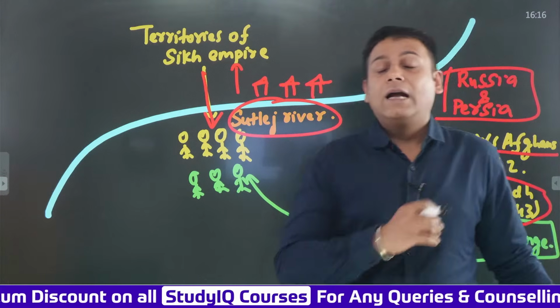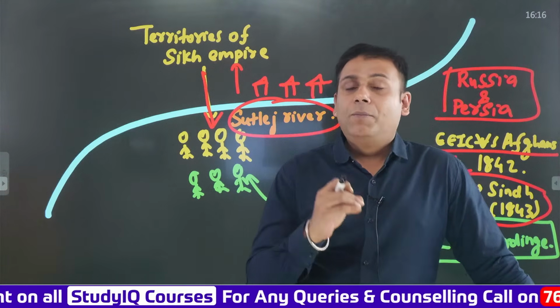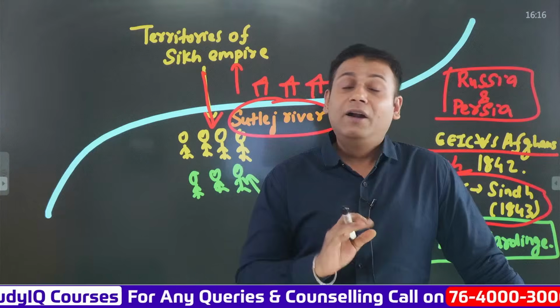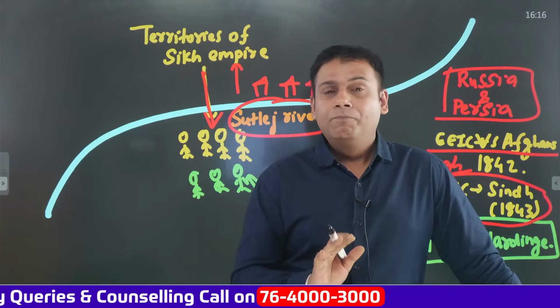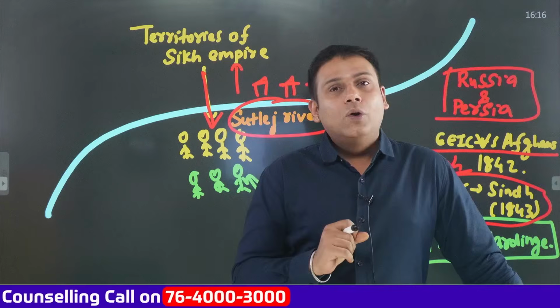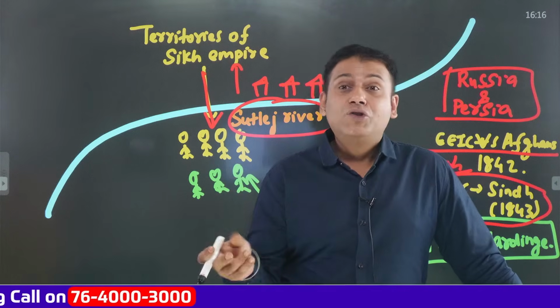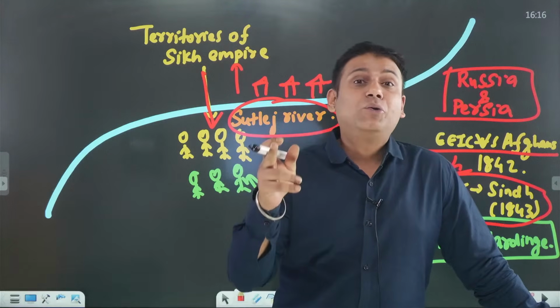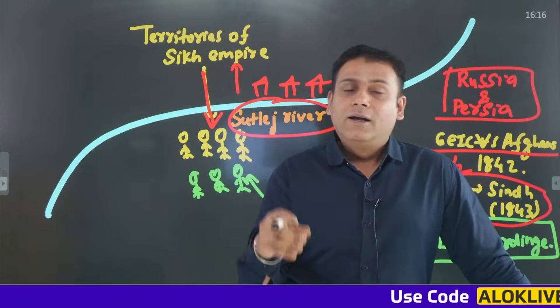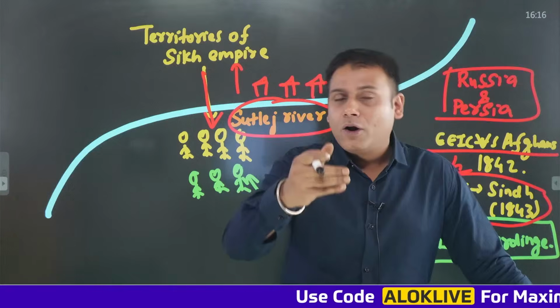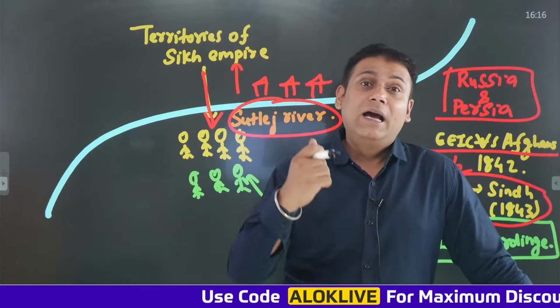It is said that 20,000 forces of the British Empire or the English East India Company defeated 50,000 Sikh forces. As I have told you, the army of Maharaja Dalip Singh was not that disciplined in comparison to the army of Maharaja Ranjit Singh ji. And finally, it is said that the First Anglo-Sikh War was in favor of the English East India Company.